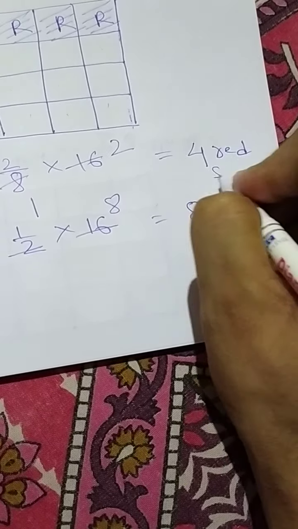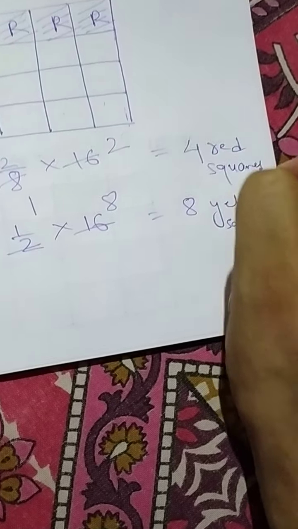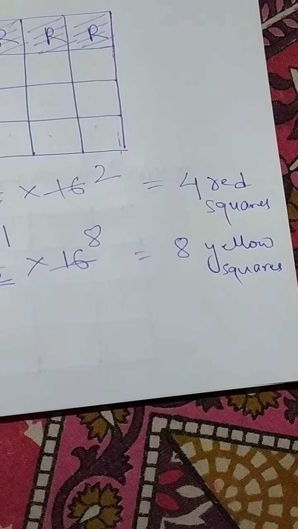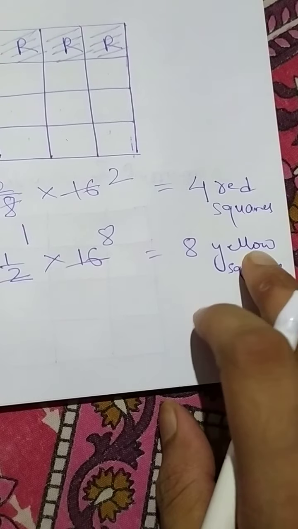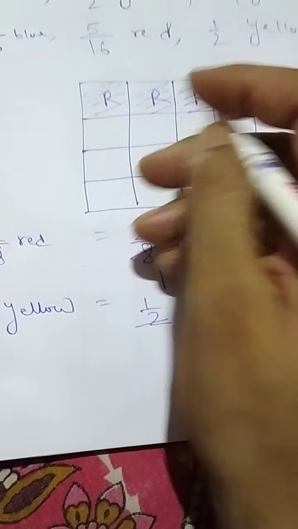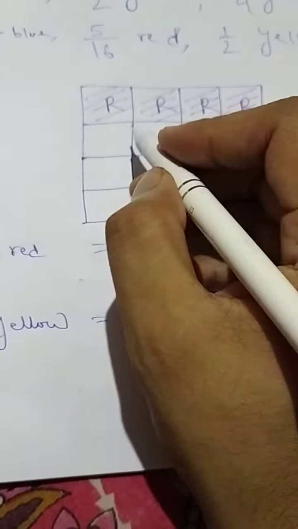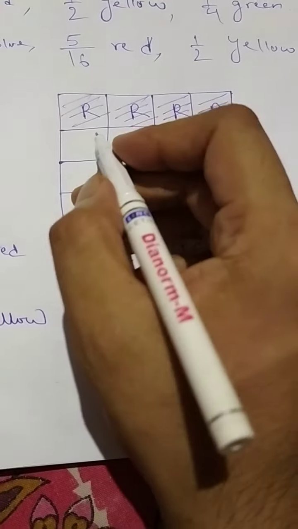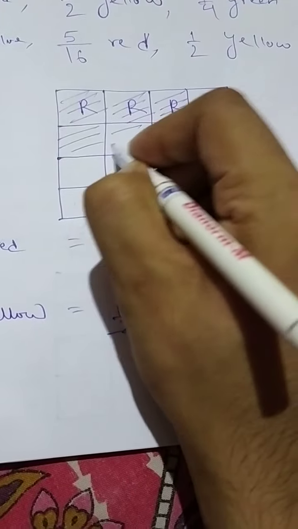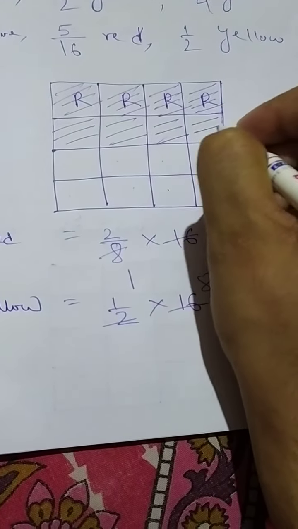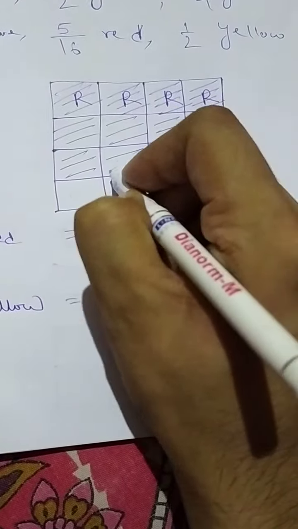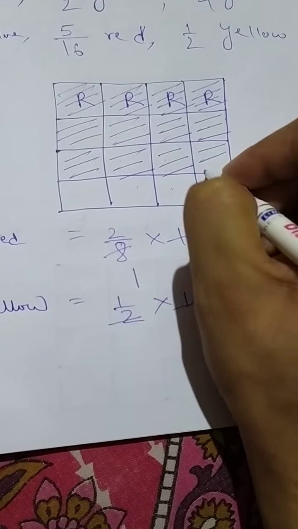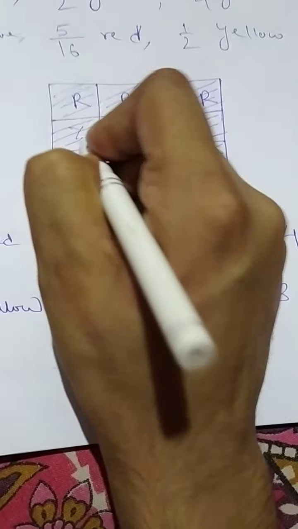Here also you can write down squares. So now you have to color 8 squares yellow. So let's start here. I'm again coloring it with my pen. 1, 2, 3, 4, 5, 6, 7, 8. And I'm writing here Y. Y for yellow.